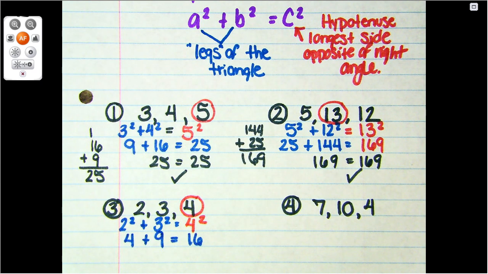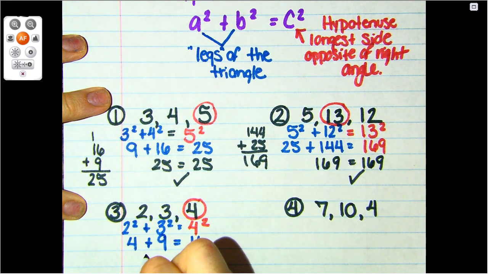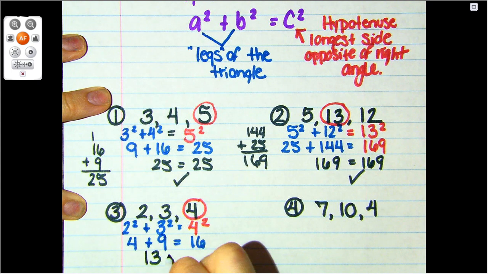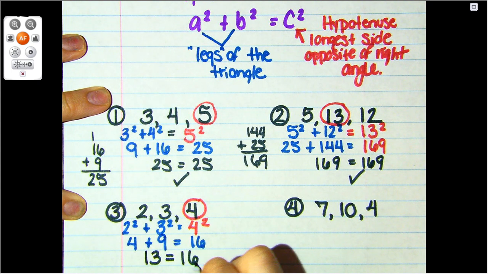Does 4 plus 9 equal 16? 4 plus 9 is actually 13. And 13 does not equal 16. So this one is not true, or it does not make a right triangle.